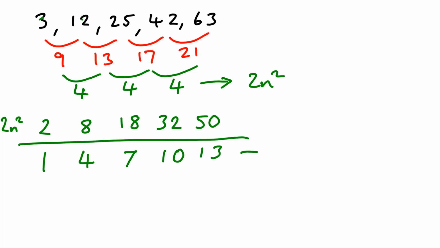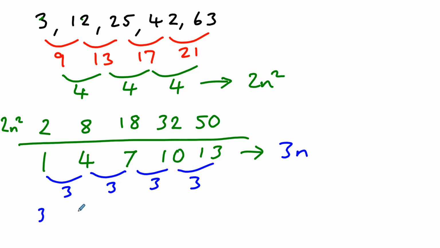This is now a linear sequence, so I can work out the linear part, and we look at the gaps. The gaps are 3 each time. Because the gaps are 3, I know it's to do with the 3 times table, so we get 3n. If I compare it to the 3 times table, which is obviously 3, 6, 9, and so on, can you see that to get from the 3 times table to the numbers I want in my sequence, I have to subtract 2?